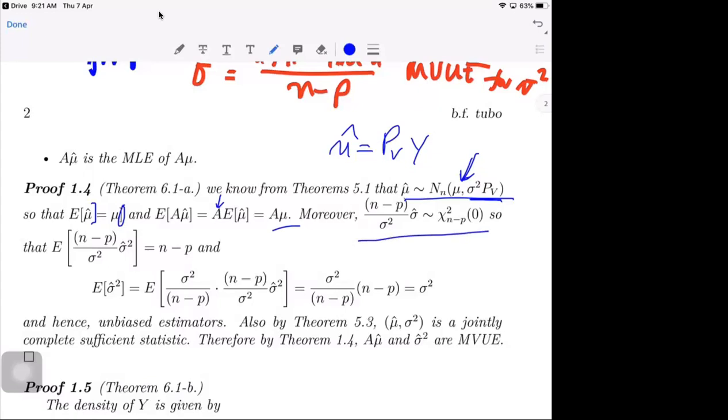And we can show that N minus P sigma hat squared over sigma squared is chi-square distributed, central, no?